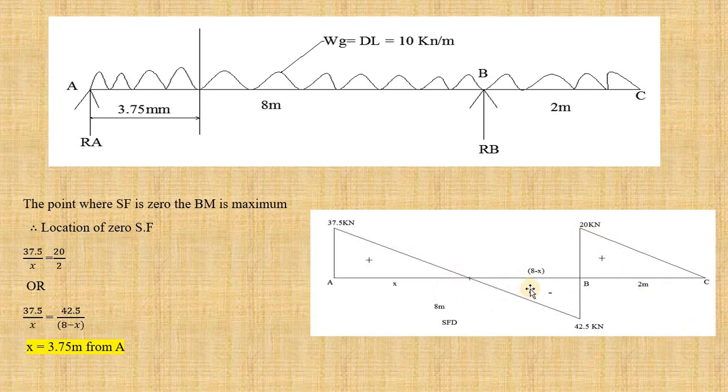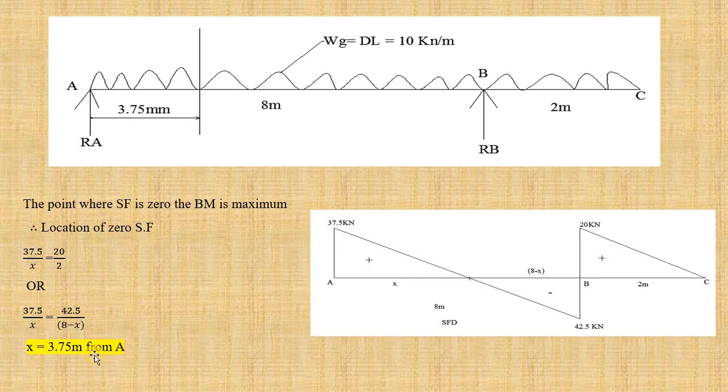The next condition is positive to negative. So 37.5 by x equals 42.5 by 8 minus x. Here be careful, don't use the negative sign. It is a negative region value, so don't consider the negative sign, just write the magnitude. You will get x as 3.75 meter from A. Mentioning from which side is important.